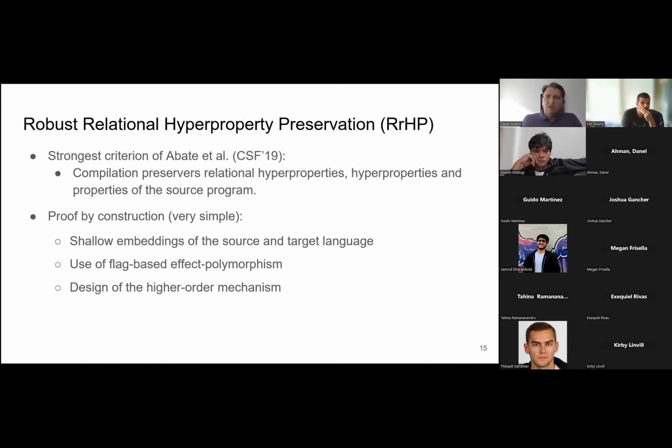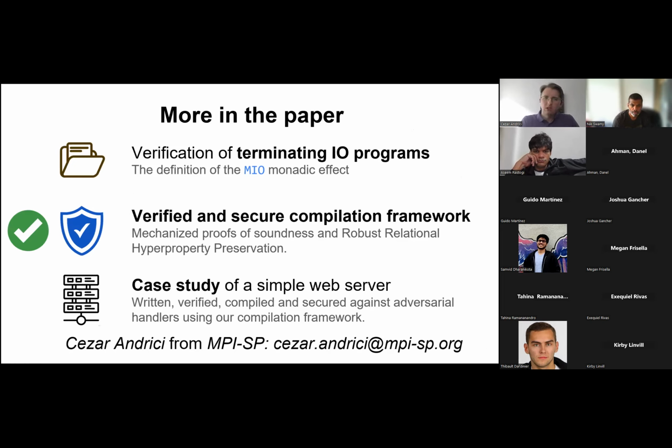And we also designed our hardware mechanism, the import and export function, such that we can do this easily. There are more details in the paper, like how we defined our effect. Our effect is engineered to work well with SMT. We can actually verify good amounts of code with it without using too many tactics or lemmas.